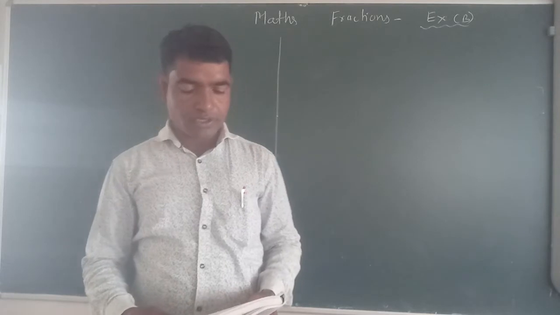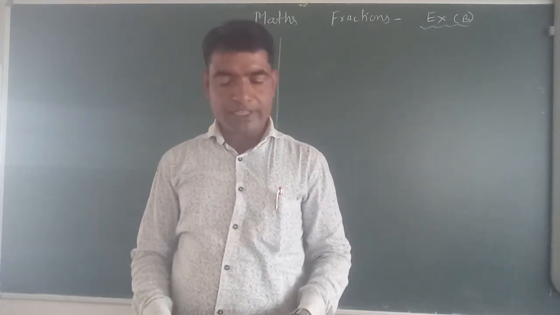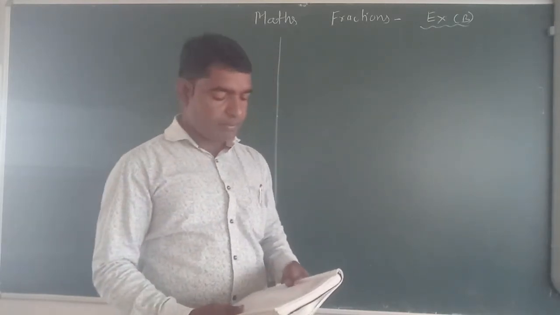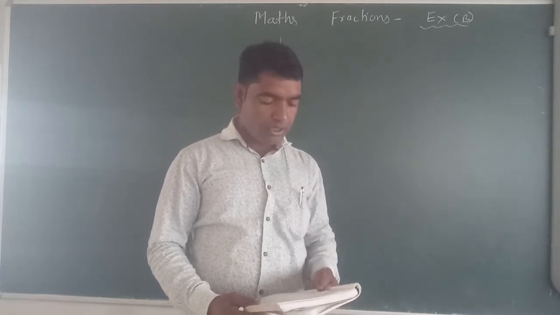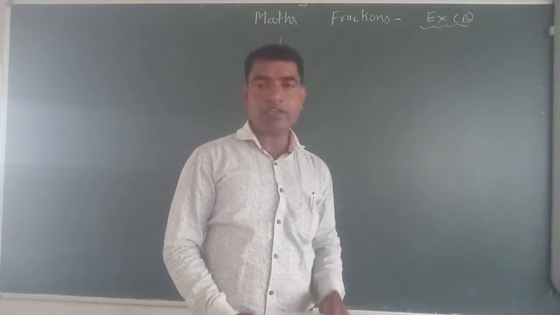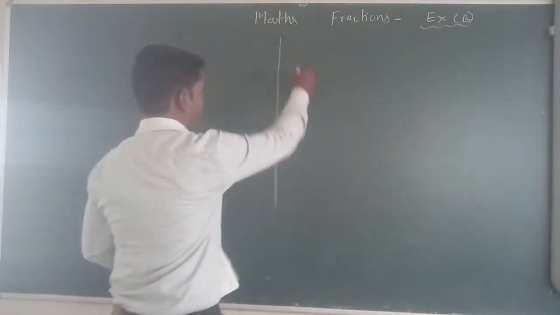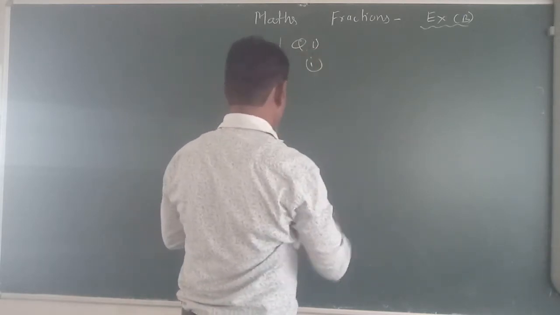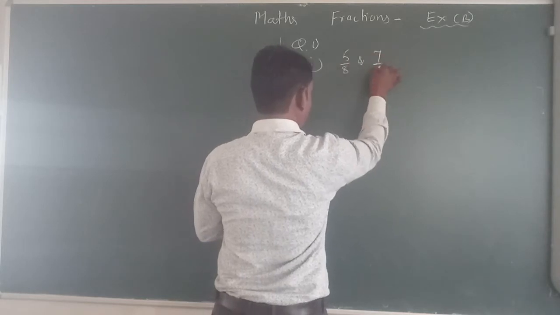For each pair given below, state whether it is a like fraction or an unlike fraction. Like fractions means their denominators are equal. If their denominators are equal, then we can say that these are like fractions. Here, in question number 1, the first one is 5 upon 8 and 7 upon 8.